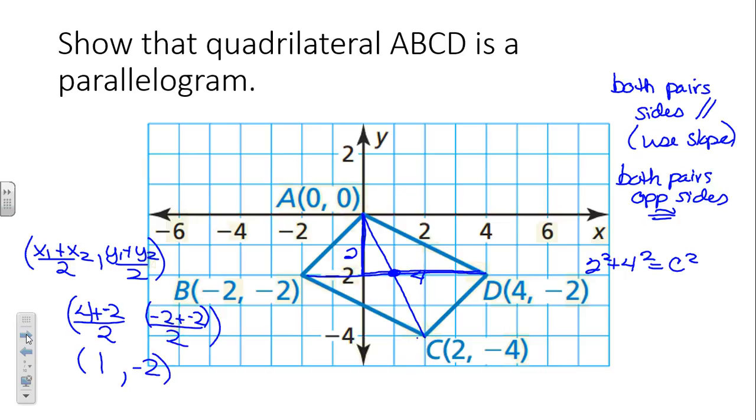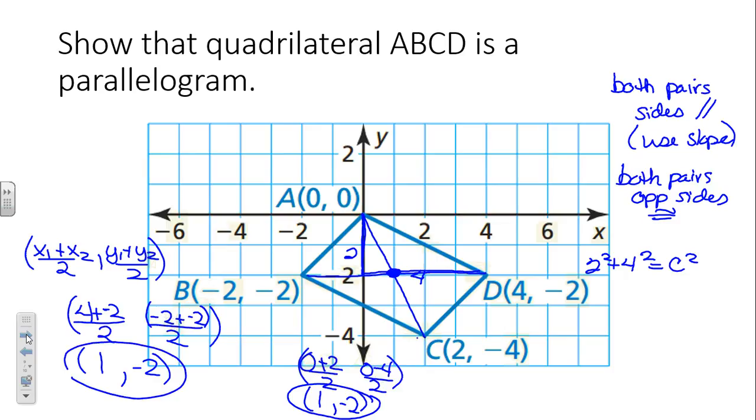So (1, negative 2) was the midpoint of BD. Now, 0 plus 2 divided by 2 is 1, and 0 plus a negative 4, negative 4 divided by 2, is negative 2. This point and this point are the same, so it has to be a parallelogram.